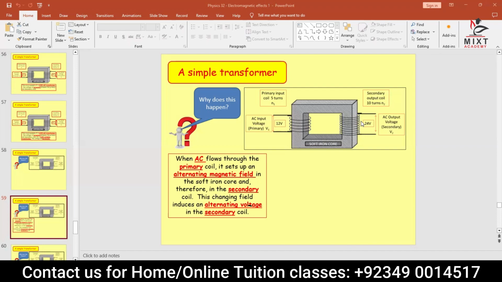So no output is produced at the output. There will be no rate of change of magnetic field lines cutting the secondary coil. So the secondary voltage will become zero.